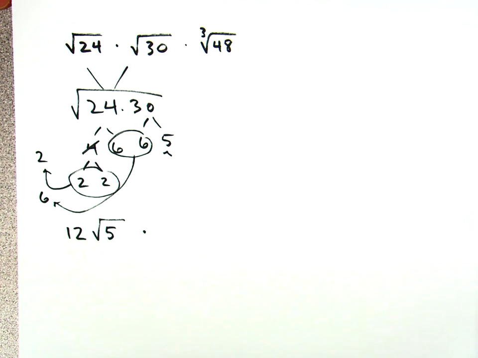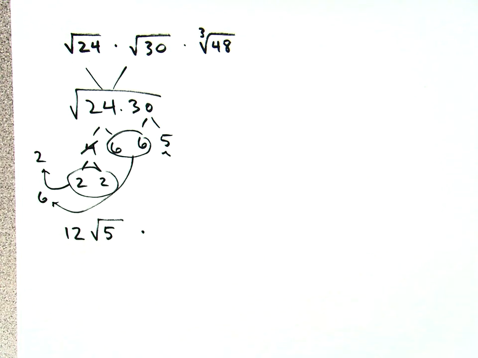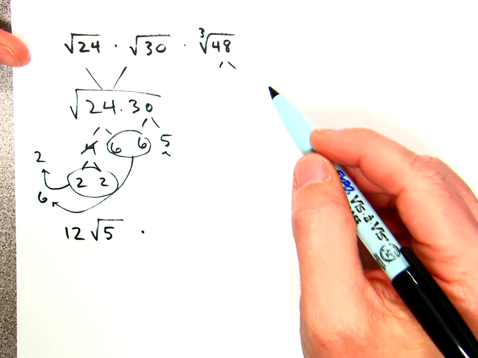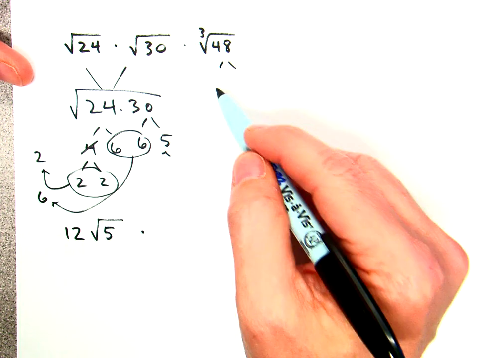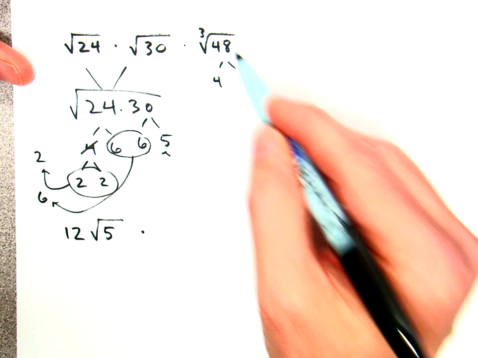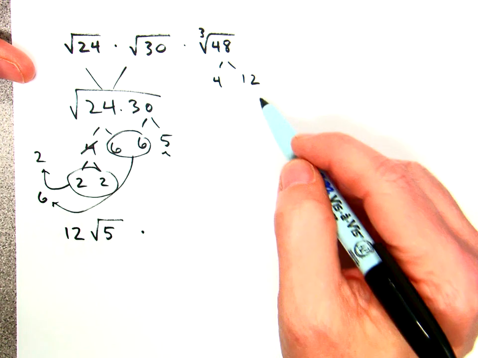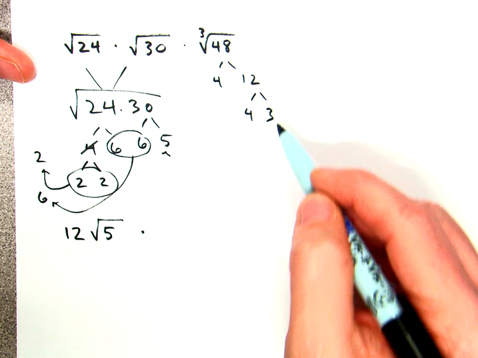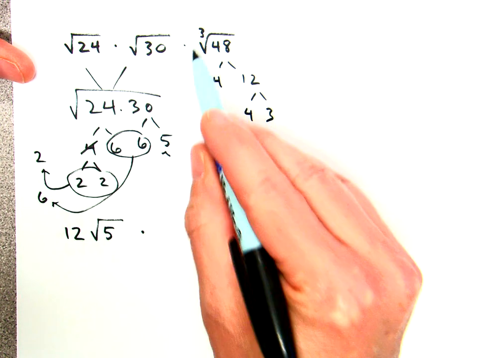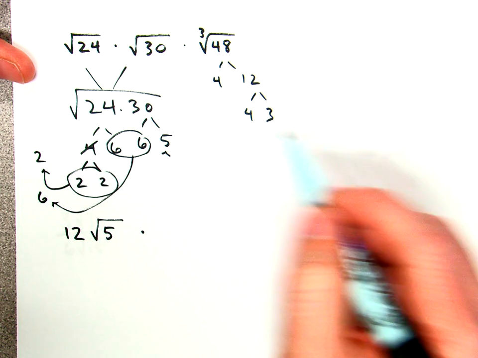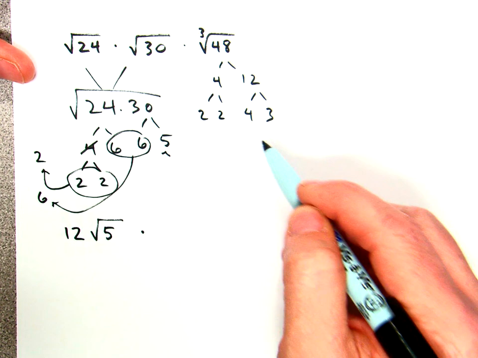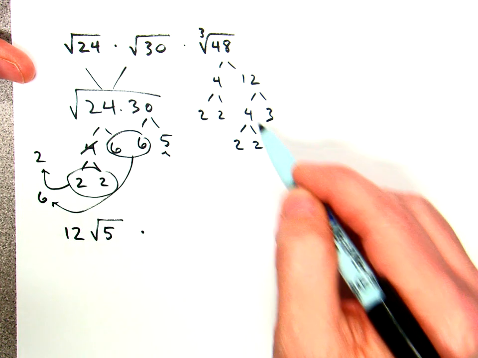Now, let's try to break down this cube root. Since it's a cube root, we're looking for 3 of the same number, right? First thing that comes to my mind would be 4. 4 goes into 48 12 times. So we can say 12 is 4 times 3. I can't pull the 4 out because remember I need 3 of them, right? But a 4 is 2 times 2, and this 4 is also 2 times 2, right?